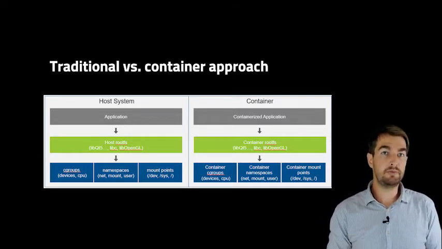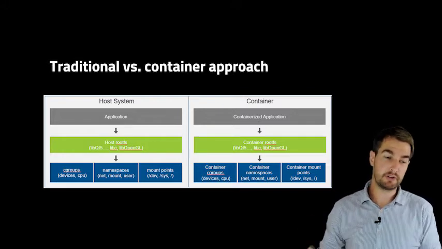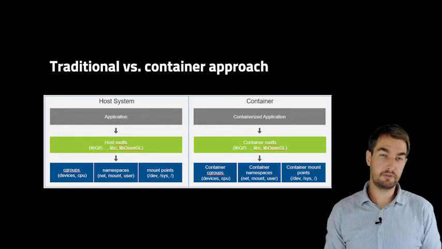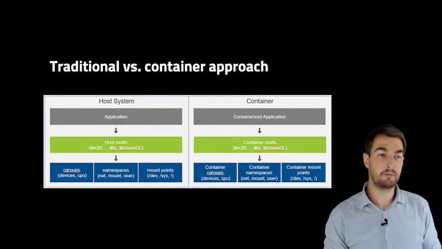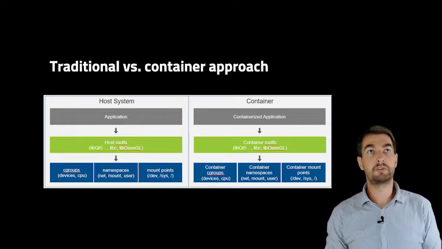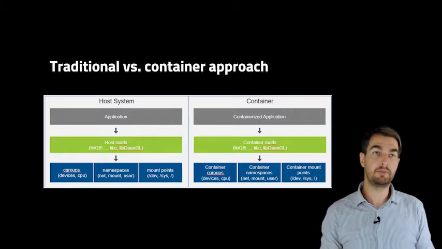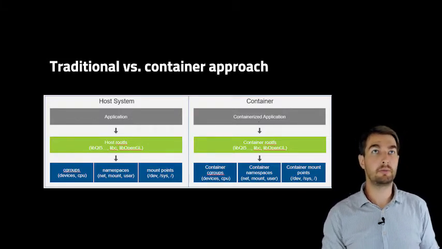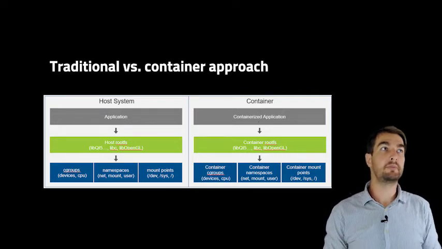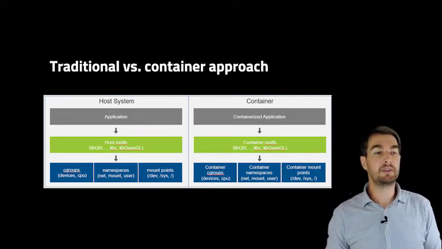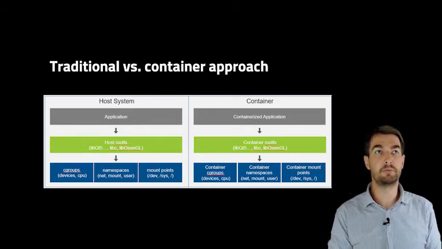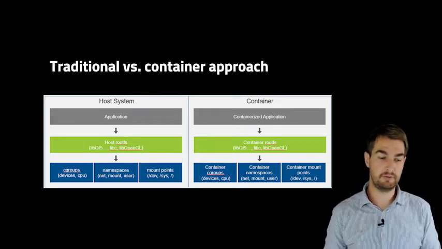That also means if the application starts, it will inherit the C groups and namespaces of the calling application. You can of course change that, but by default it will just inherit. So that means you kind of have not a security issue, but by default it will not make your application run in a safe mode.